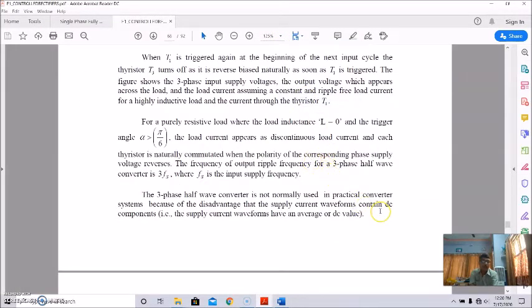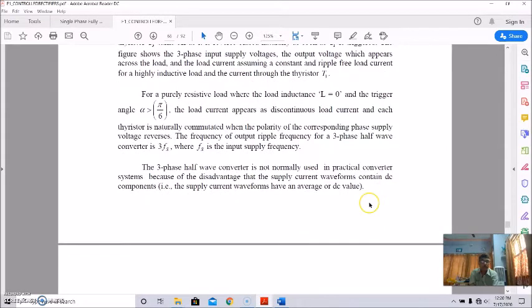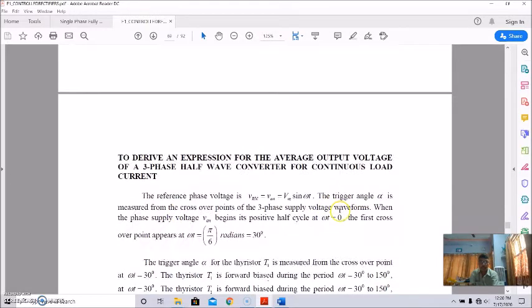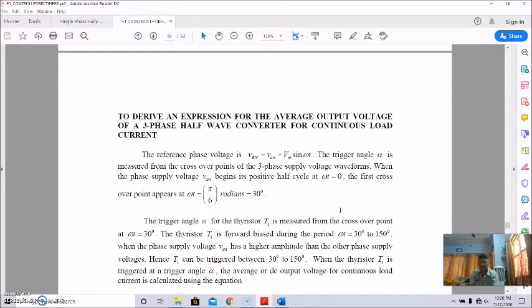So if we derive the expression for the average output voltage of a three-phase half-wave converter for continuous load current, it will be like this. The reference phase voltage is VRN, that is, the phase voltage with respect to neutral, the R phase, which is Vm sin omega t, as shown in the diagram.